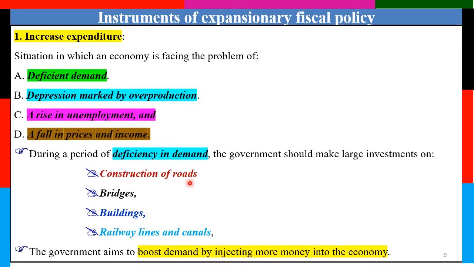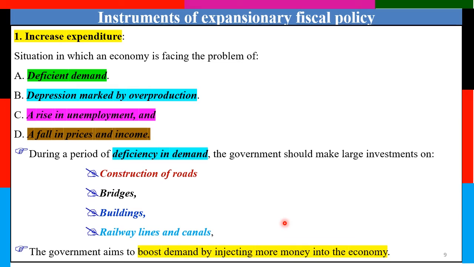The government expenditure on those areas encourages or stimulates what? The aggregate demand. So at that time, the aggregate demand starts to recover itself. The government aims to boost or increase demand by injecting money into the economy. As we said, the demand declines.